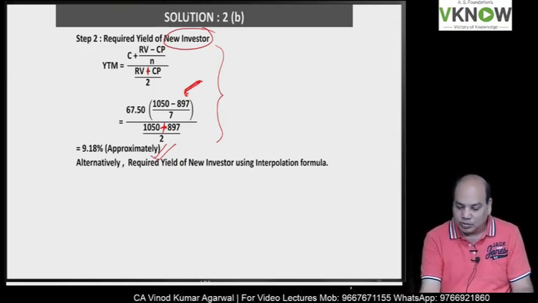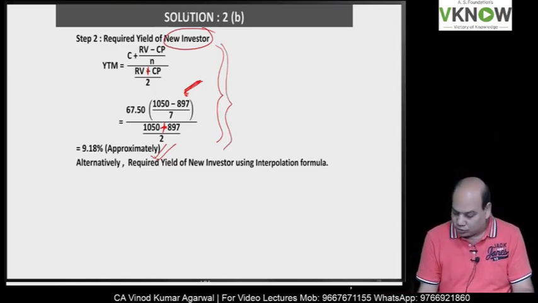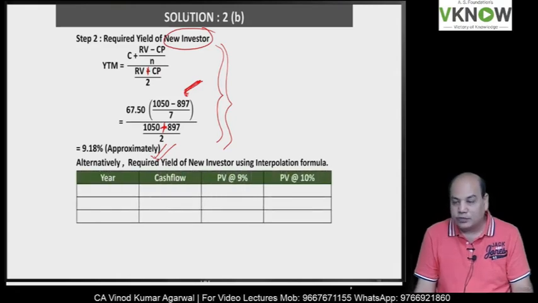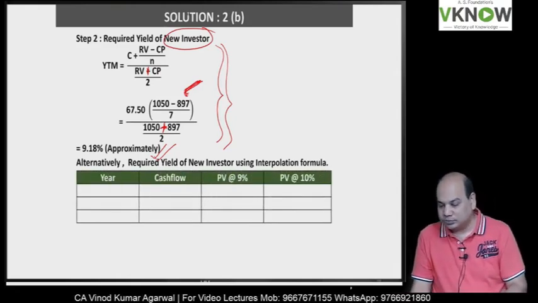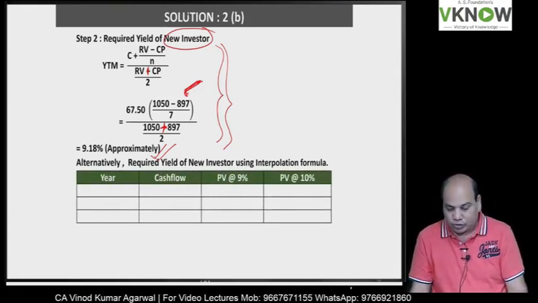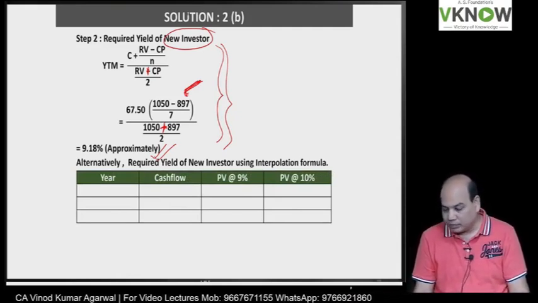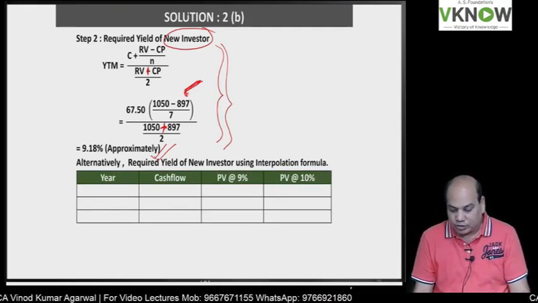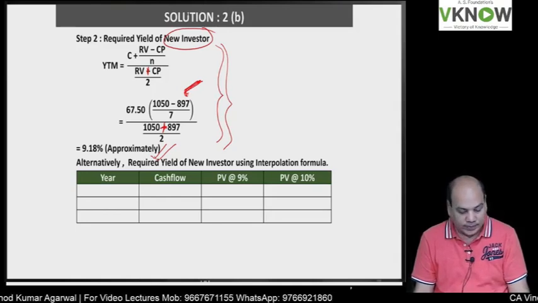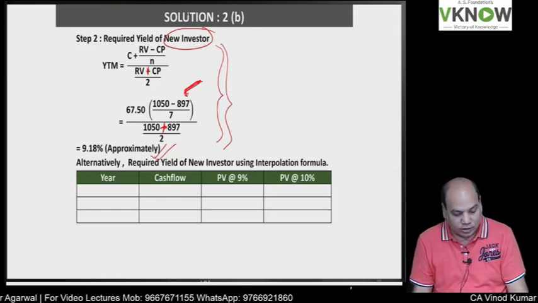So suppose you don't remember the formula, then you can solve the rate of return using the IRR formula. So please write down. Alternatively, required yield of new investor using interpolation formula.